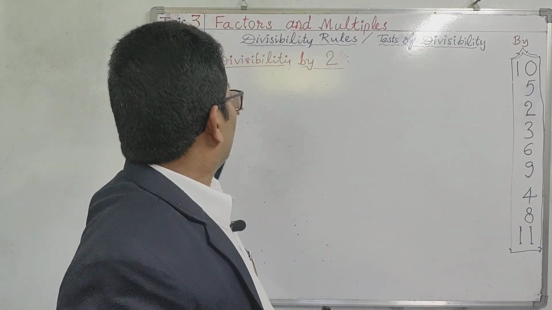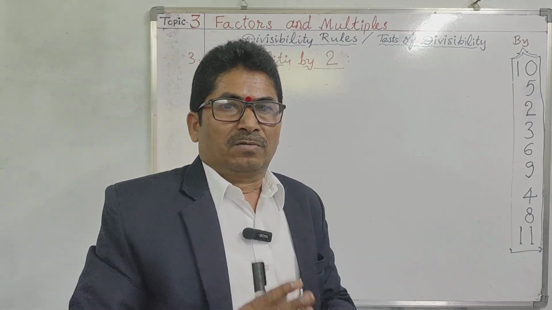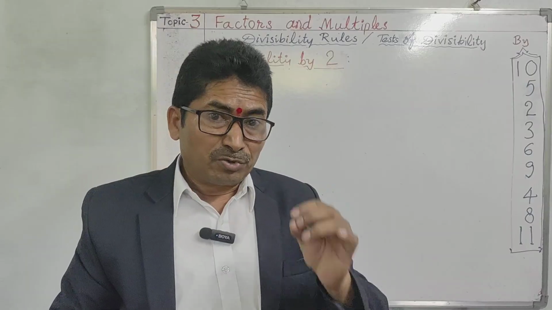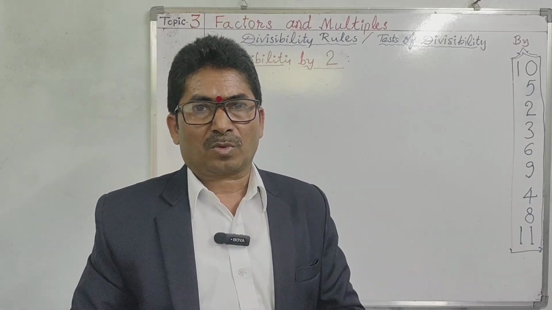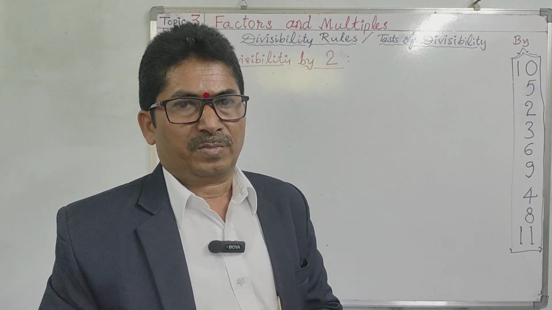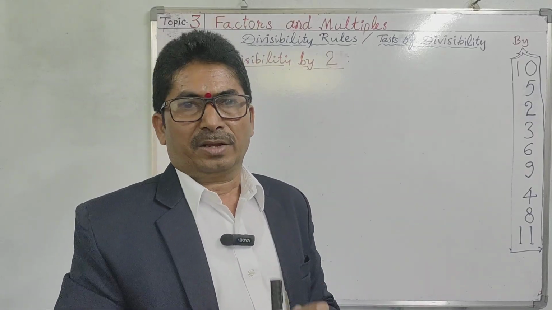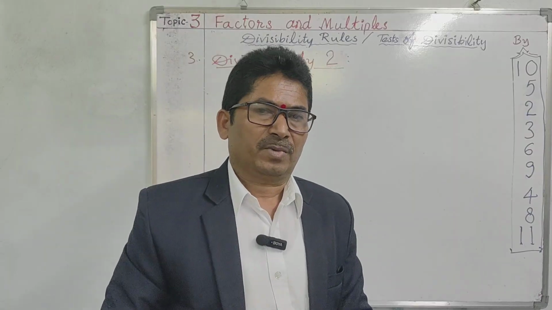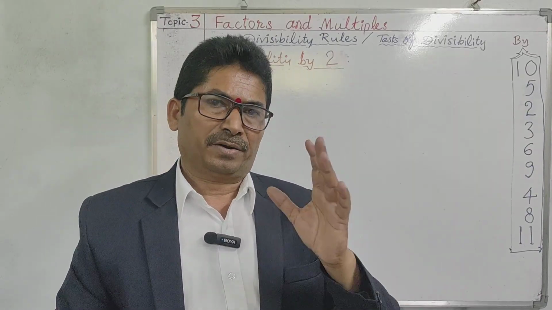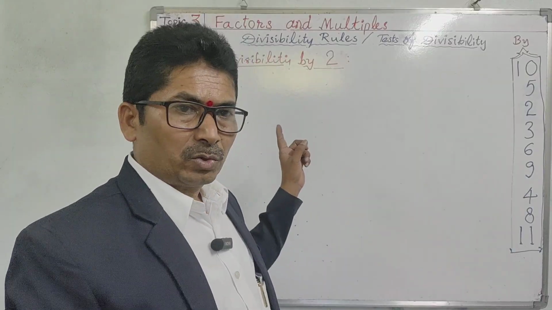Next, third, divisibility by 2. What is the divisibility rule of 2? If a number has 0, 2, 4, 6 or 8 in ones place, then the number is exactly divisible by 2.